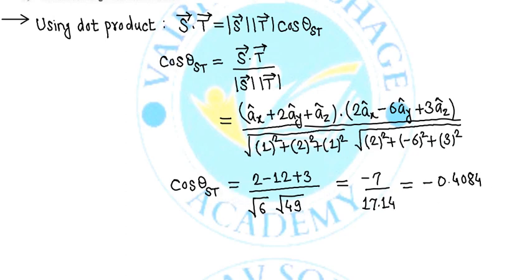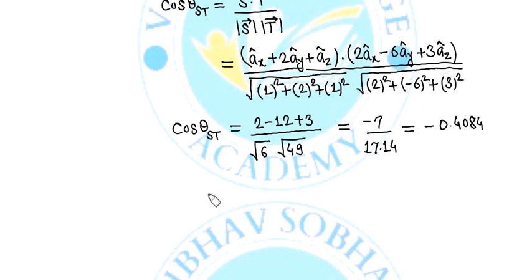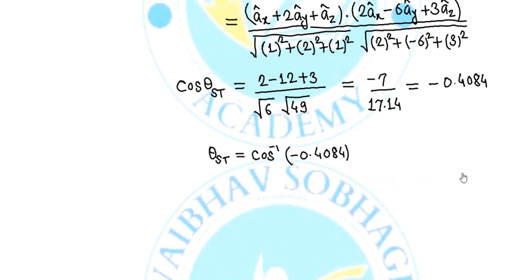Now in order to find out that theta value, so that theta is equals to what now? Theta st will be cos inverse of this minus 0.4084, and if you take the cos inverse of that value, so you will get your answer.